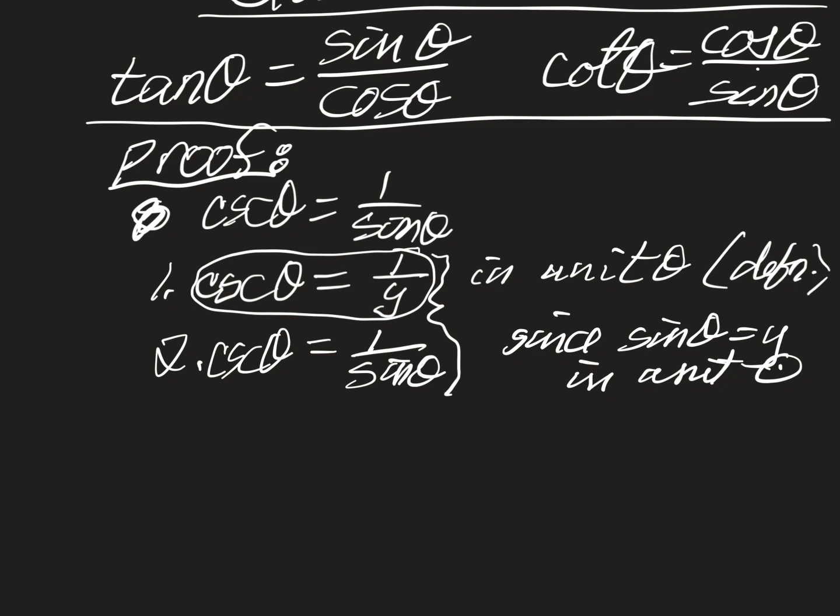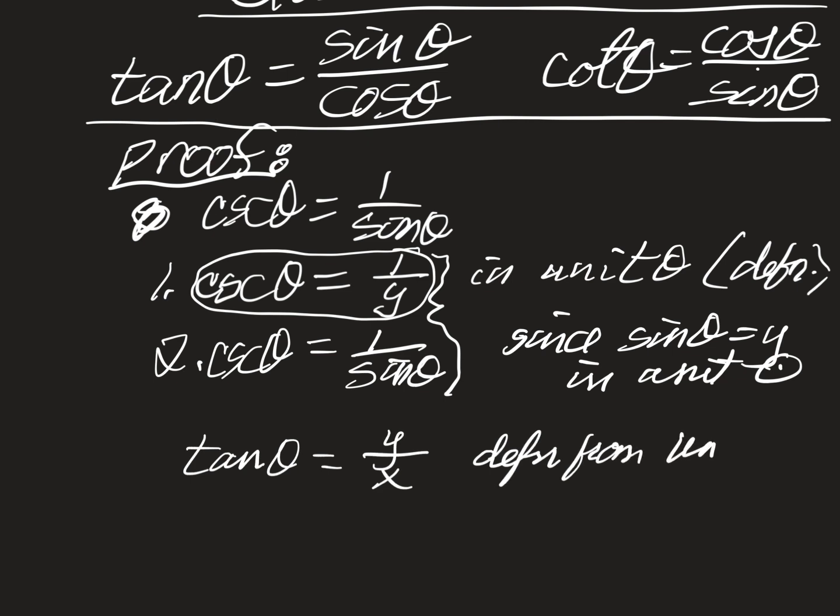Same thing goes for tangent theta. If you want to prove tangent theta, you could say tangent theta is equal to y over x, and that's the definition from a unit circle, right?